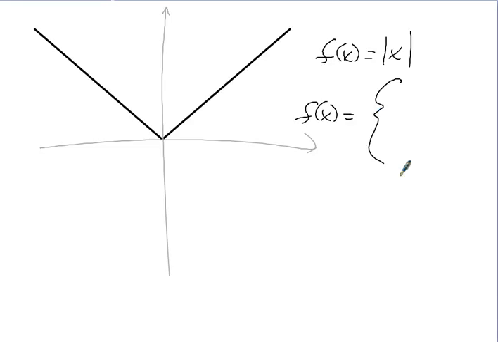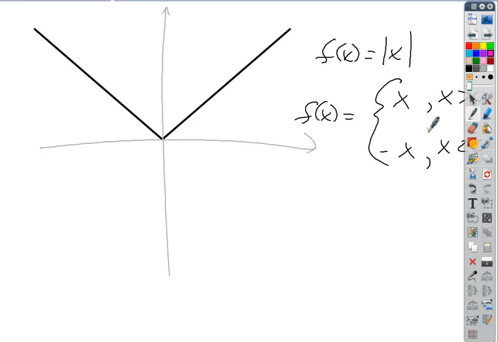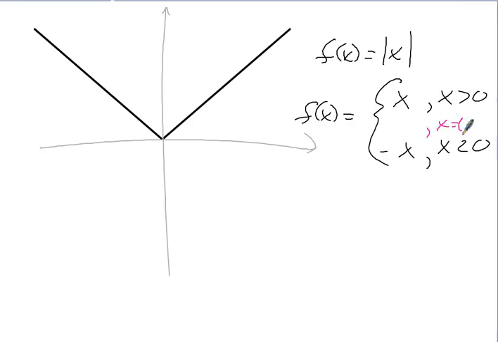When x is positive, what's the absolute value of x equal to? x. When x is negative, what's the absolute value of x equal to? Negative x, because we have to make it positive. And in the middle, when x equals 0, the absolute value function equals 0.